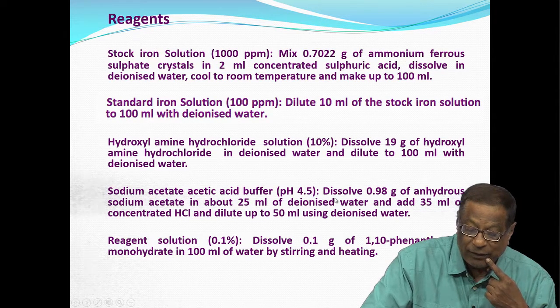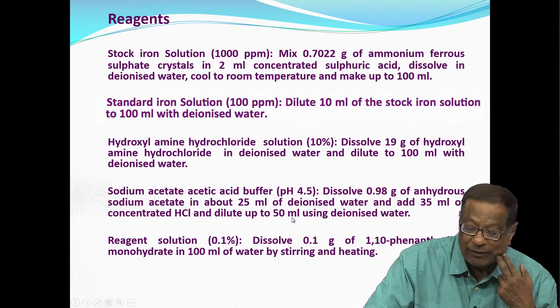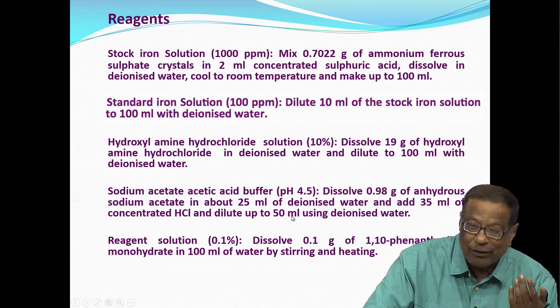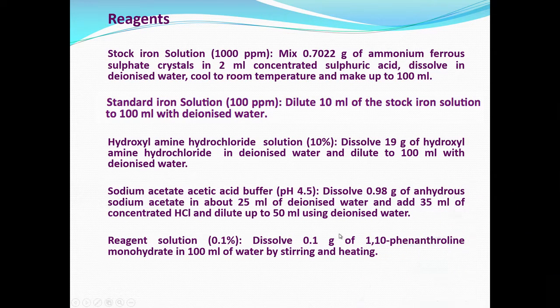For that, you dissolve about 0.98 gram of anhydrous sodium sulphate in about 25 ml of deionized water, add 35 ml of concentrated HCl, and dilute up to 50 ml. That is a very standard procedure, but here you have a ready reference for preparing the sodium acetate acetic acid buffer.